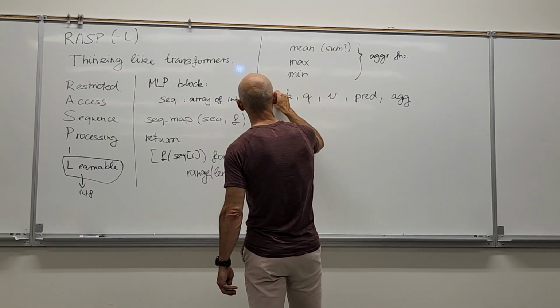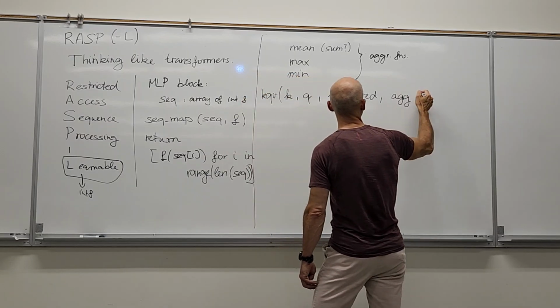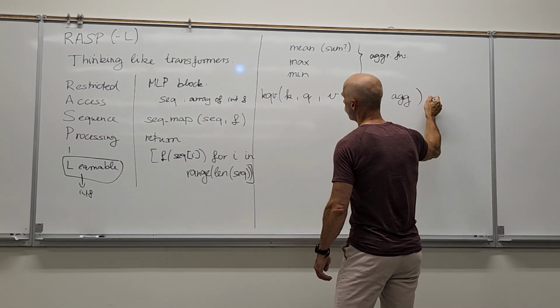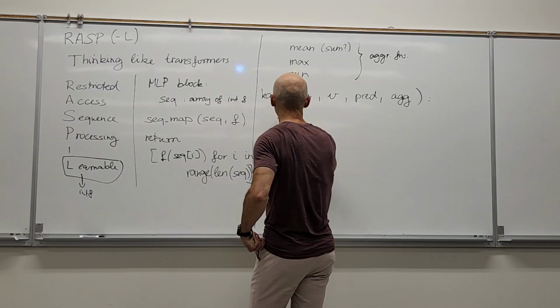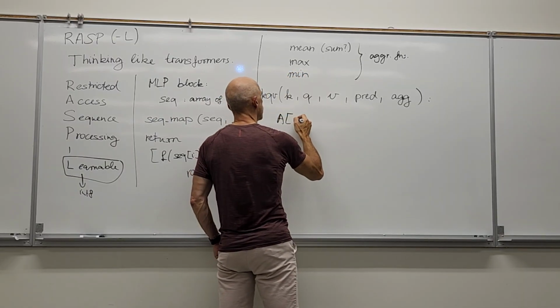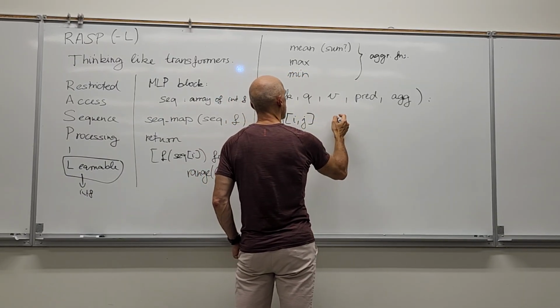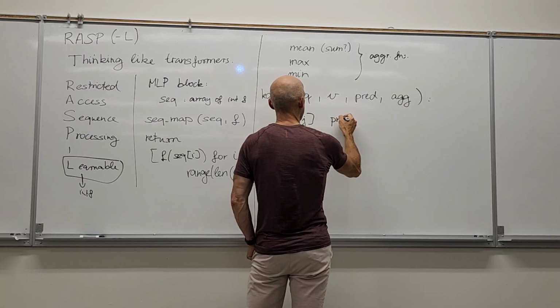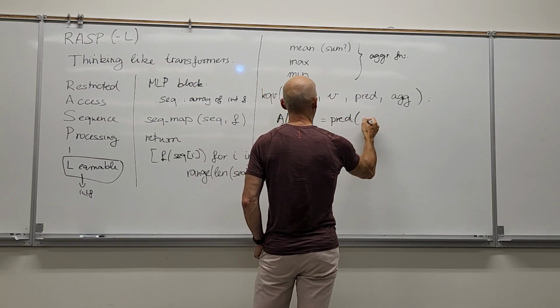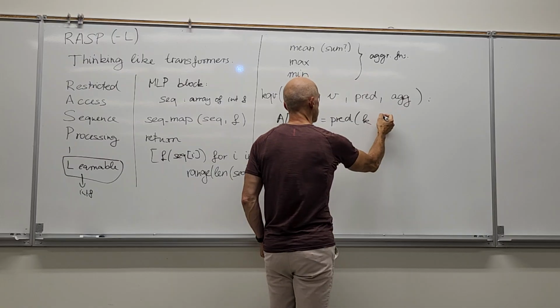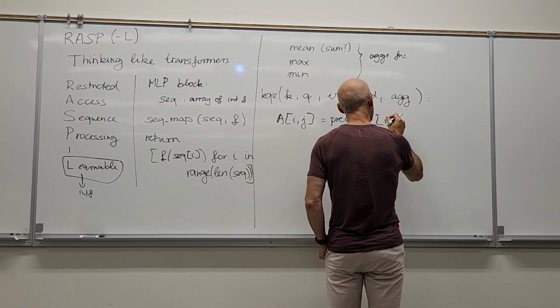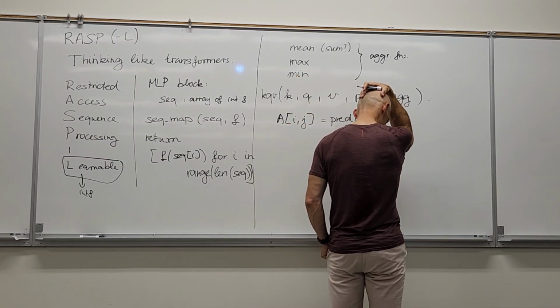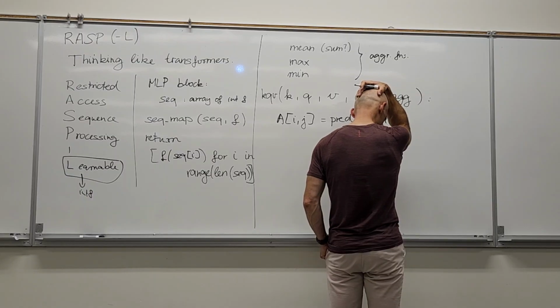There is this function which is going to be implemented something like you create A_ij, which is the predicate applied to the query and key.